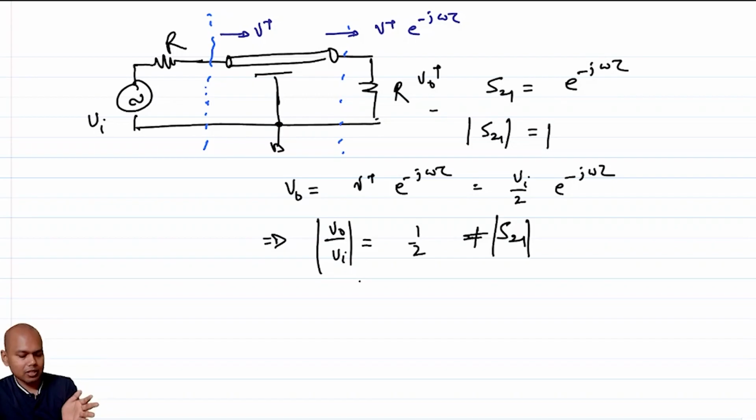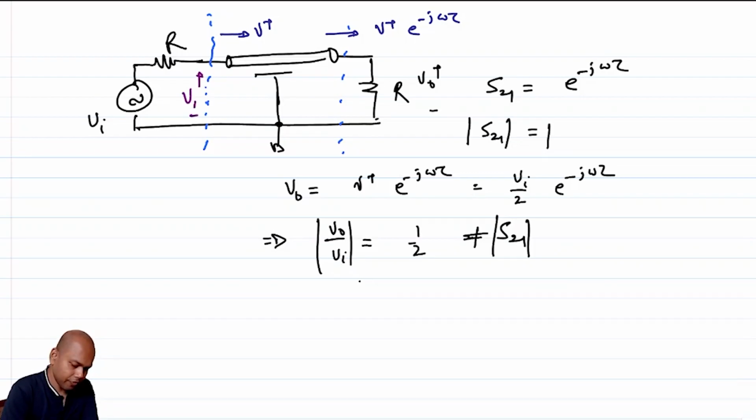So S21 is essentially the gain from port to port, and if you are defining your gain from this V1 to output, then fine, you can have some equivalence between S21 and V1. Okay, but this is again under matched condition.